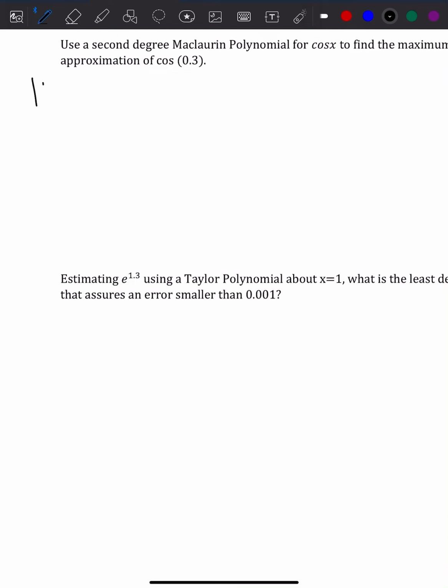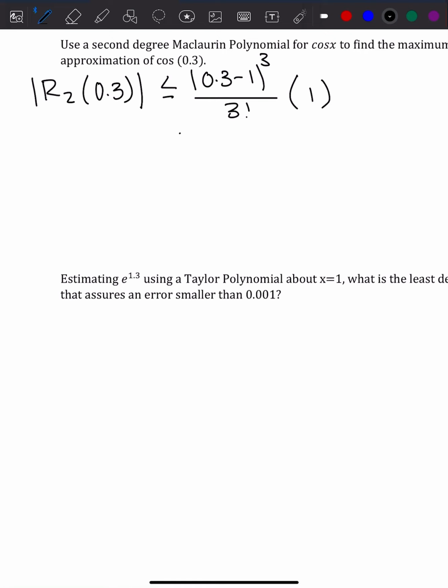So we have the absolute value of R sub 2 of 0.3, and that's less than or equal to the absolute value of 0.3 minus 0 to the 2 plus 1 power. 2 plus 1 is 3, so I'm going to go ahead and just put 3. Divided by 2 plus 1 is 3 again, so we have 3 factorial times 1.